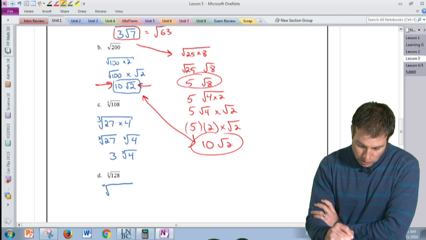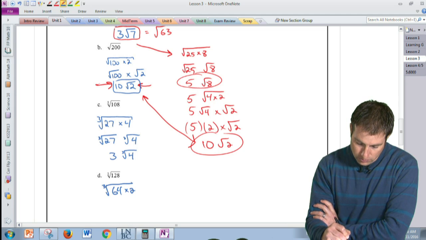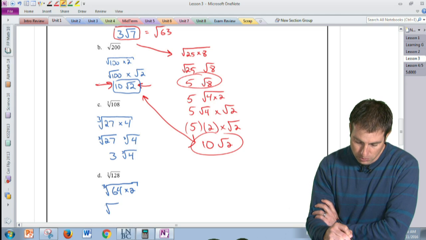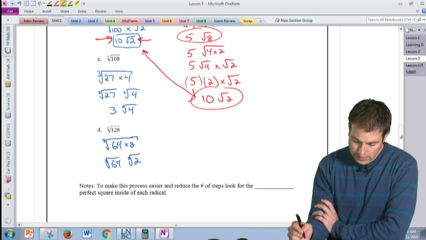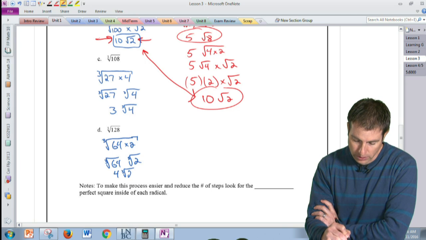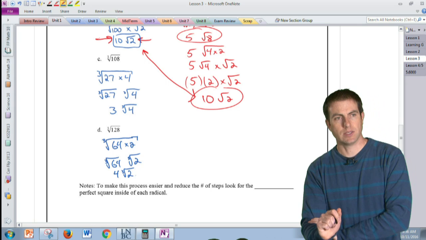So I have the cube root of 64 times 2. I write it as 2 cube roots: cube root of 64, cube root of 2. Cube root of 64 is 4. And cube root of 2, I don't know what that is, but that's the answer.